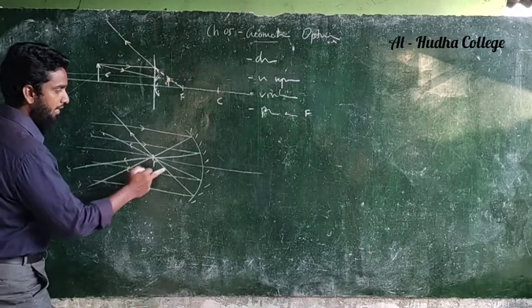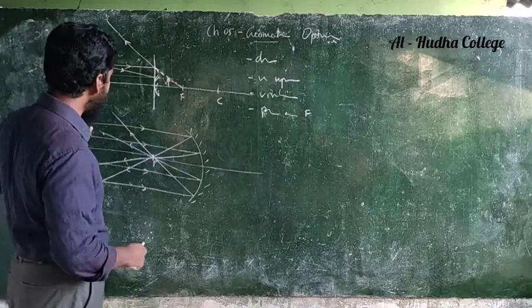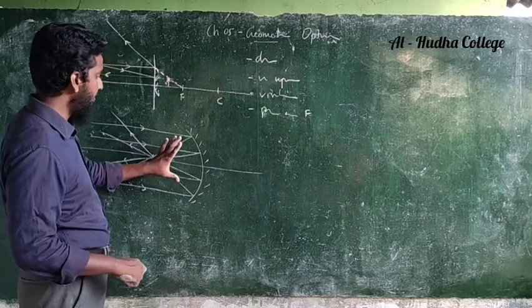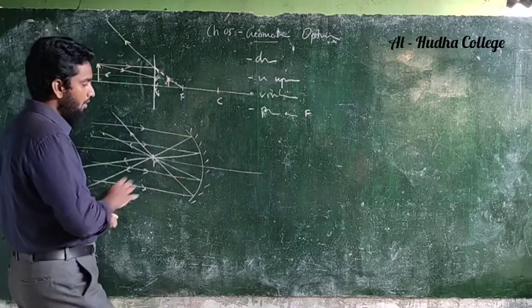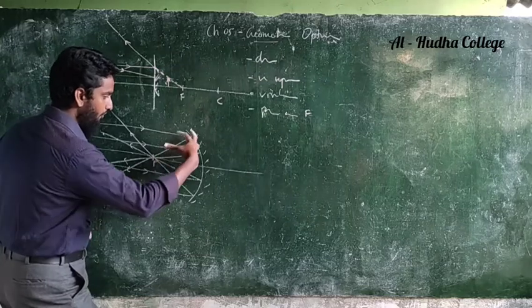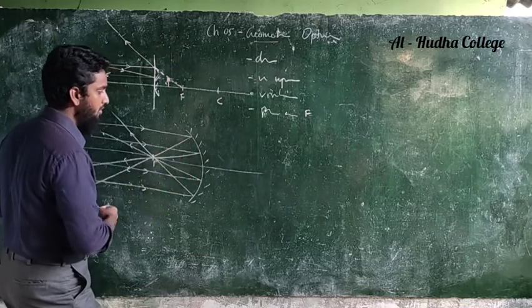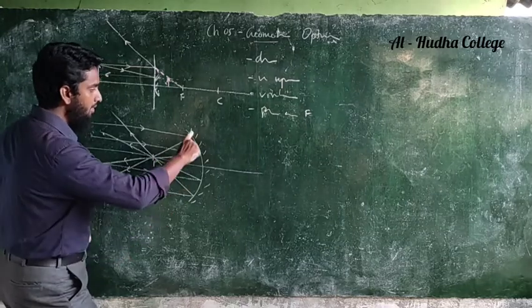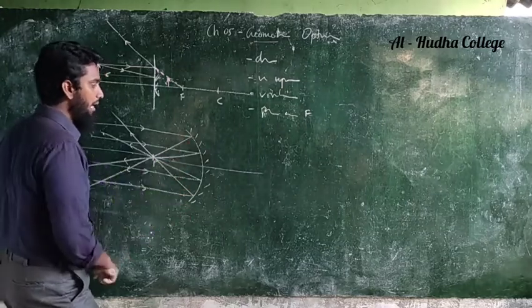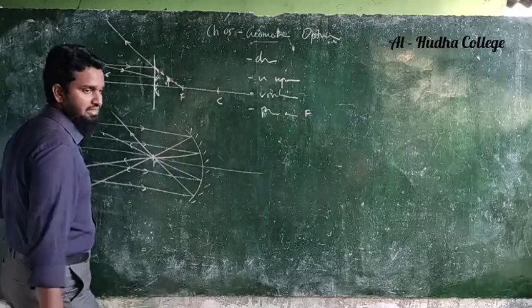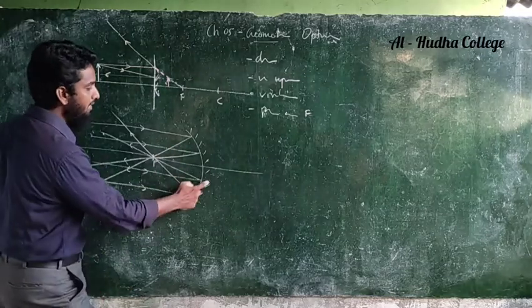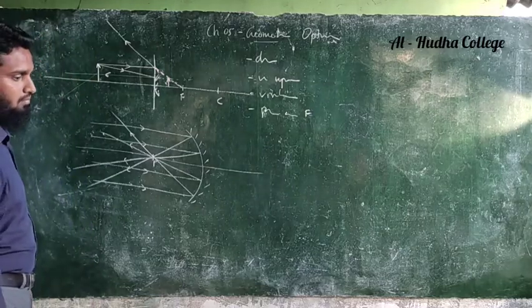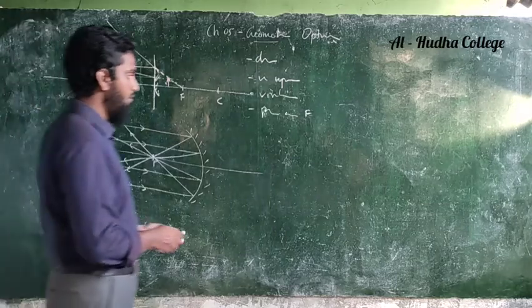Don't look at here, look at this. The rays which came parallel to the principal axis have been converged, focused towards a point. Therefore, this mirror has an ability of converging, so we call this mirror a converging mirror.